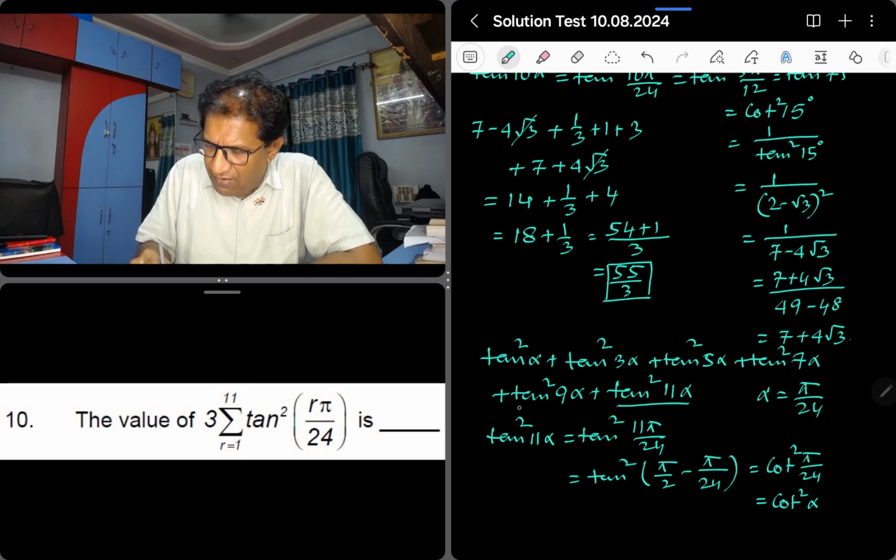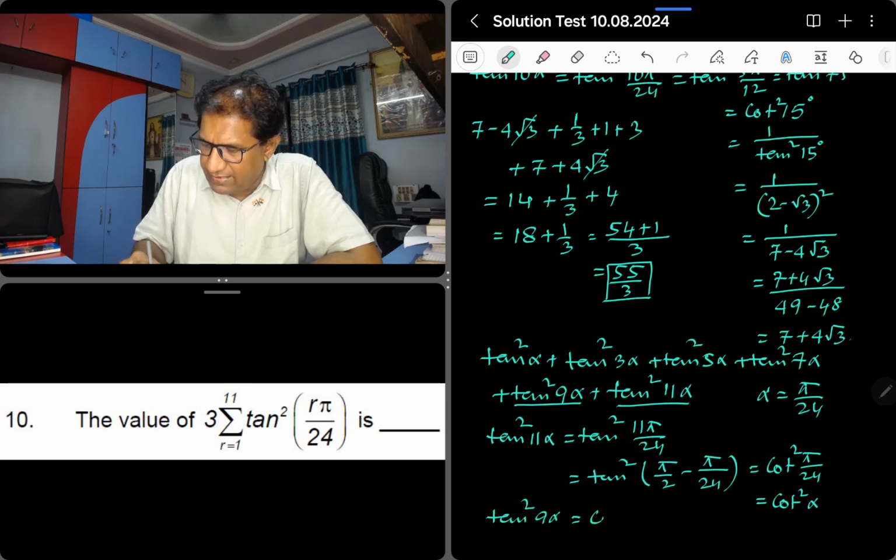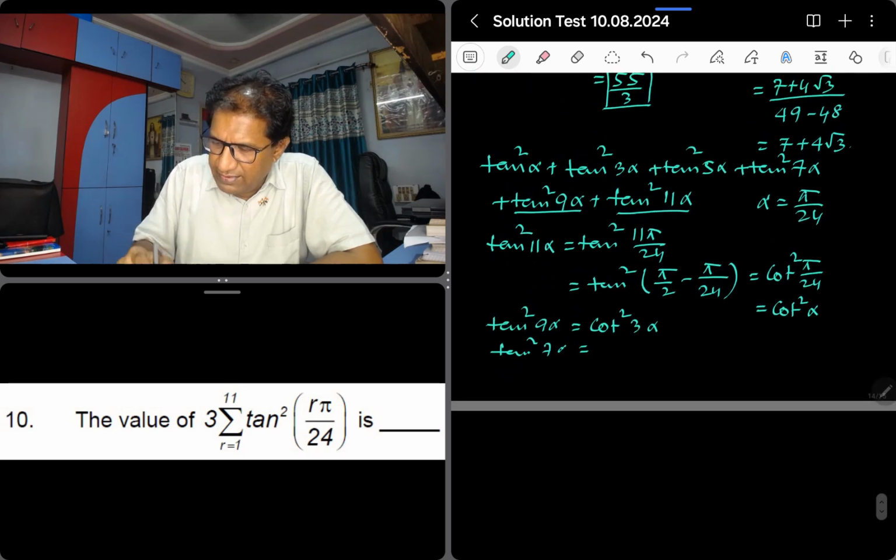Similarly, if you check, you will find that tan square 9 alpha can be written as cot square 3 alpha, and tan square 7 alpha can be written as cot square 5 alpha.